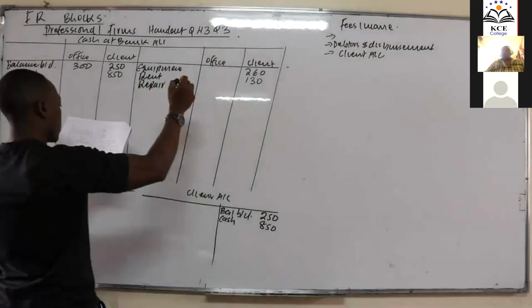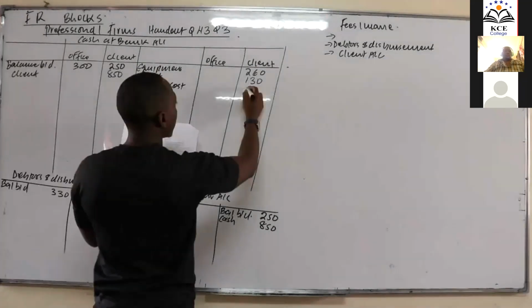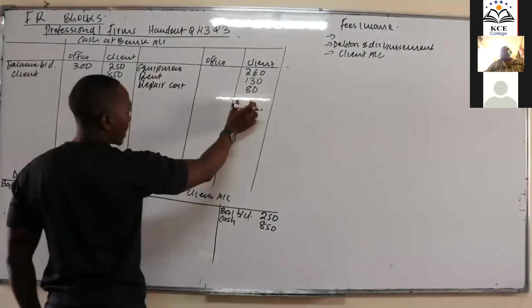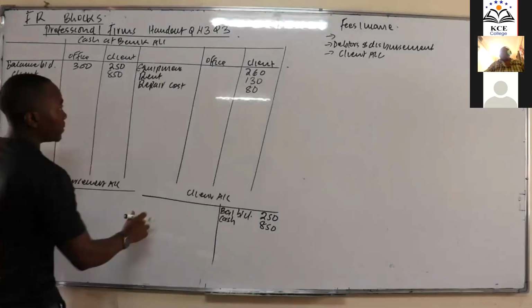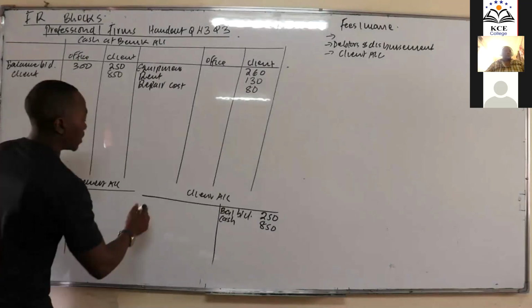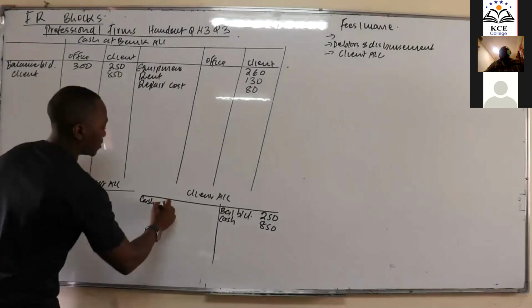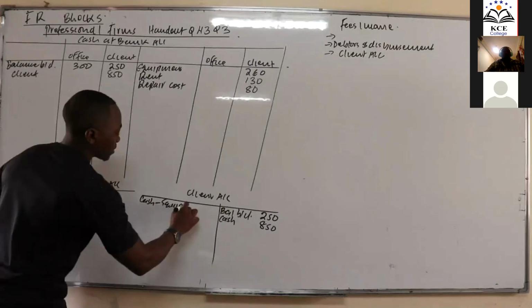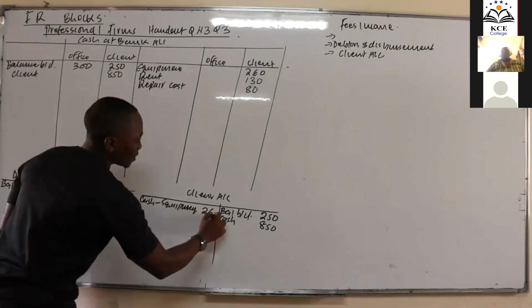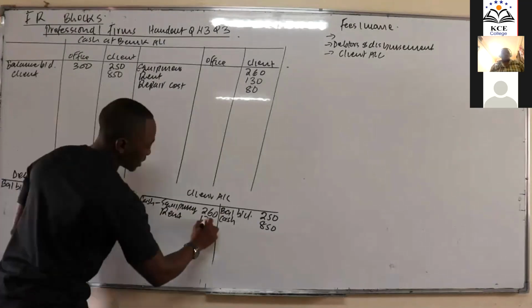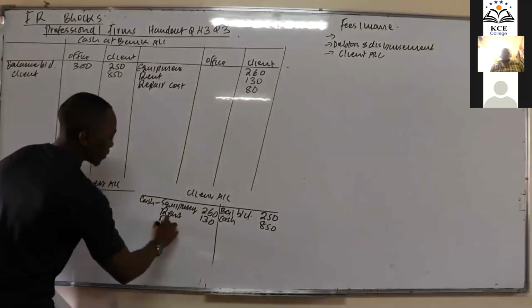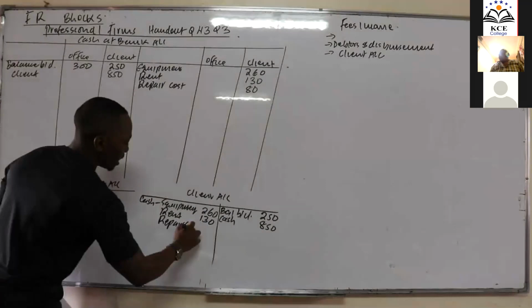Anything affecting the client column will also affect the client account. You credit the cash, you debit the client account. So from the cash account, they purchased equipment worth 260, paid rent of 130, and repair cost of 80.